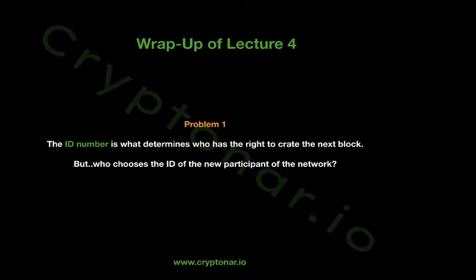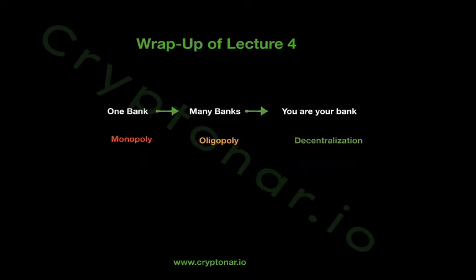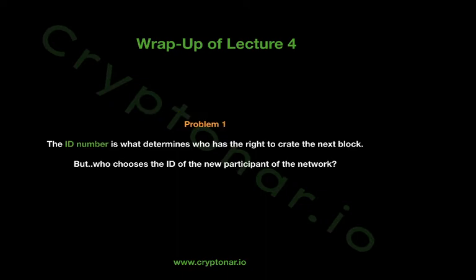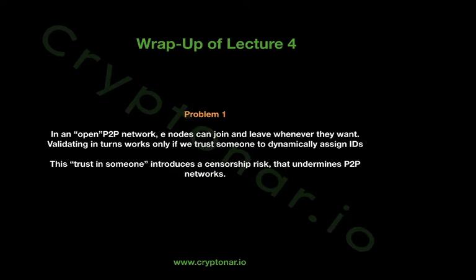But this is a problem, because if we want to go from oligopoly to full decentralization, we kind of need to allow nodes to join the network and go out of the network whenever they want. And this is gonna make it difficult for us to assign an ID to the banks, because nodes can join and go out whenever they want.